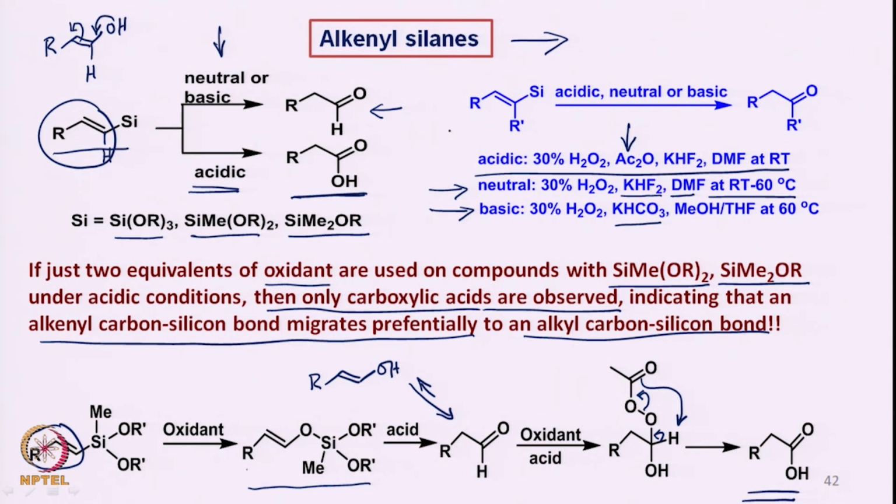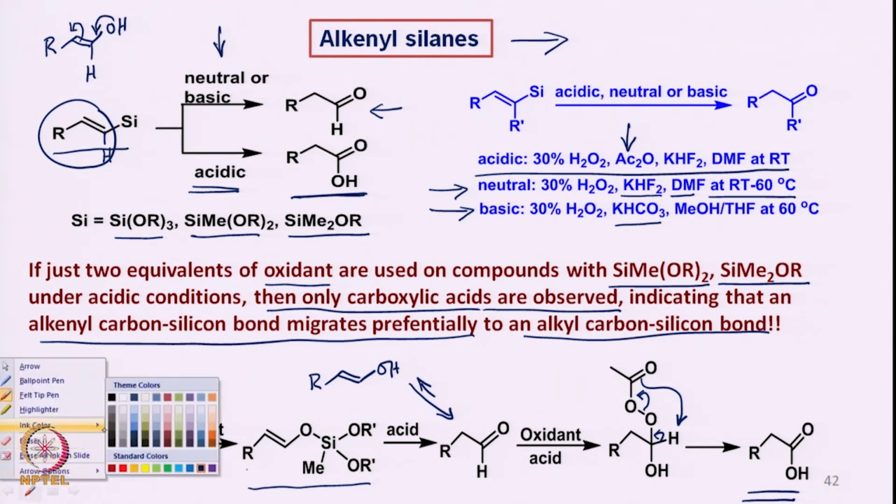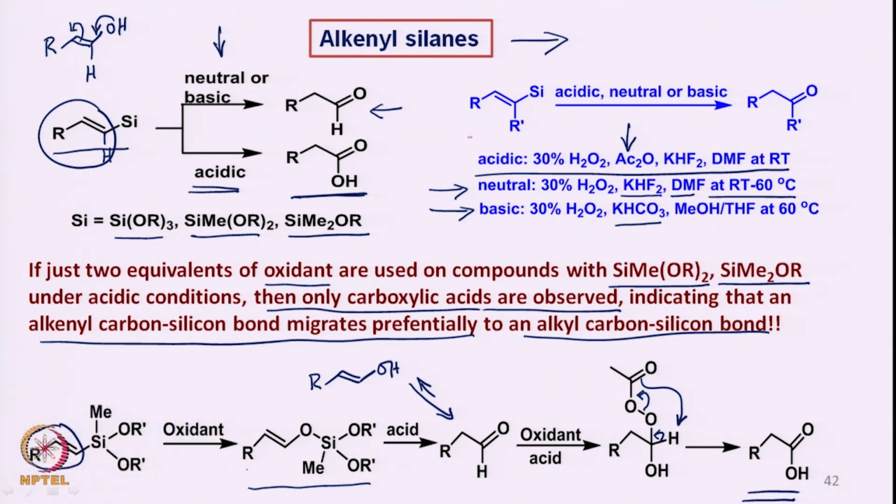But of course, if one starts with a substrate in which there are 2 substitutions here, whereas this was mono substituted, and it is disubstituted, then obviously you will get the alcohol coming like this, where the carbon silicon bond is replaced by the carbon oxygen bond, and that leads to the corresponding ketone.